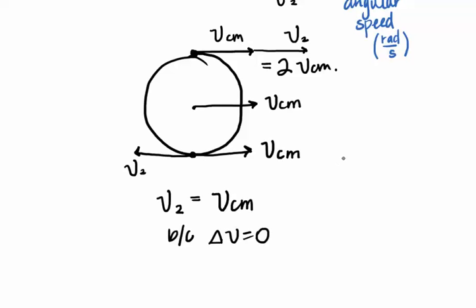And if V is equal to r omega, where r is the distance, omega was the angular speed, then we could find the speed of the center of mass, which will let us find the speed of a particle at the edge of the circle, if we needed to, the top edge of the circle.